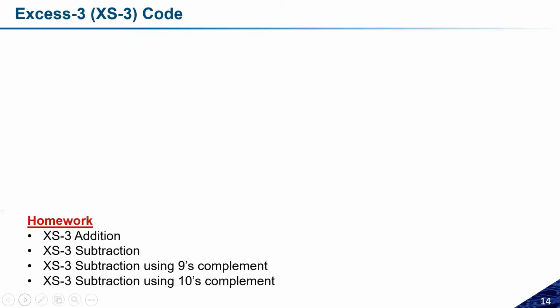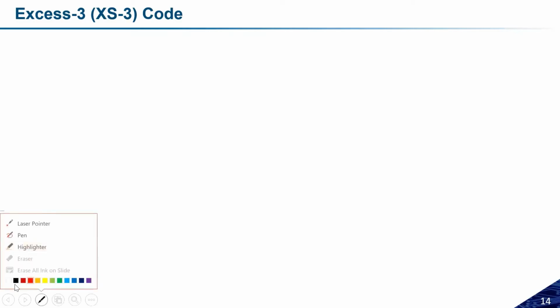Before that, I just wanted to discuss a few things. We must know how the BCD code looks and its importance. So let us write a few important things. In the BCD code, the total possibilities that we can accommodate are from 0 to 9.